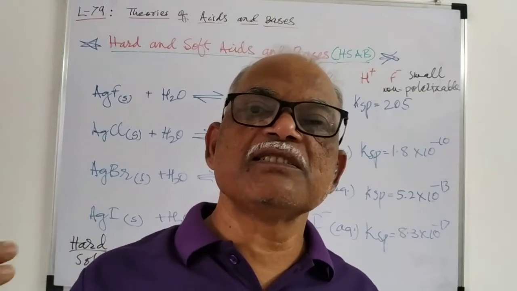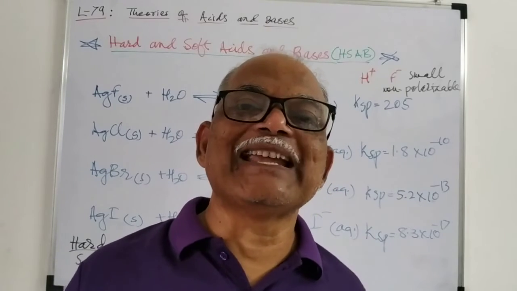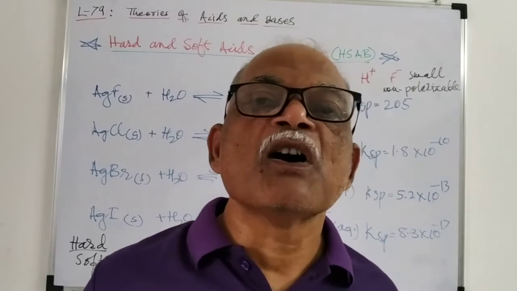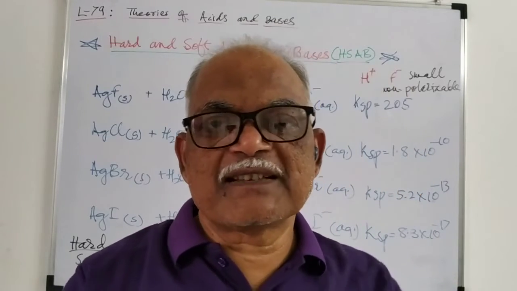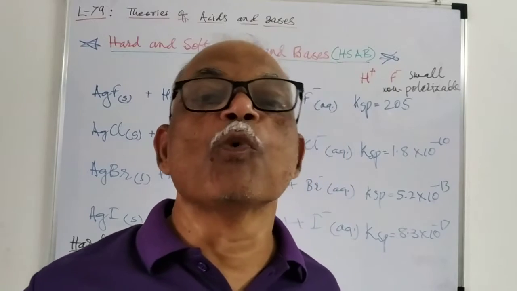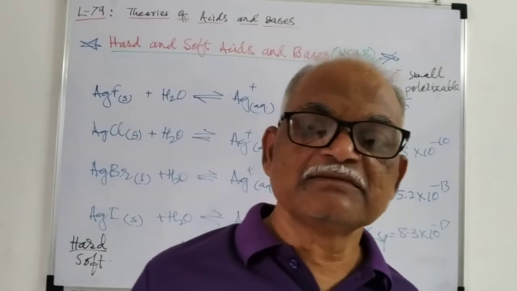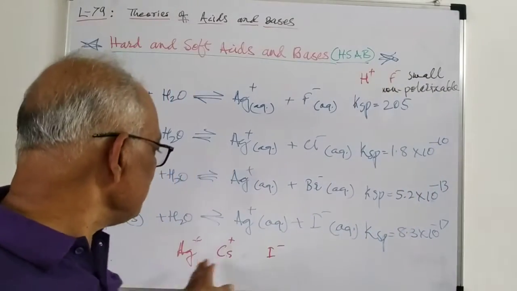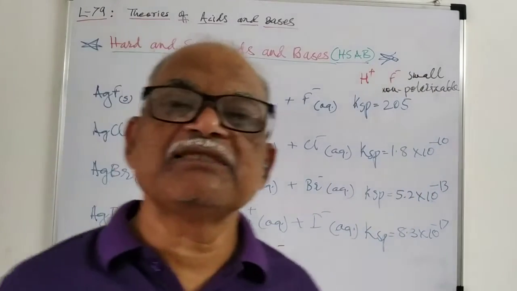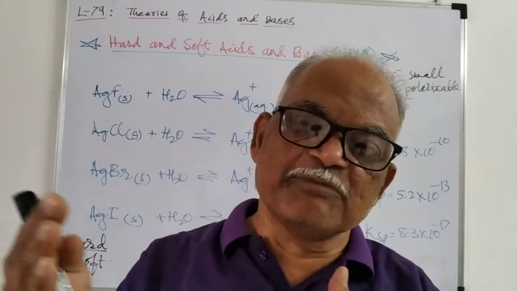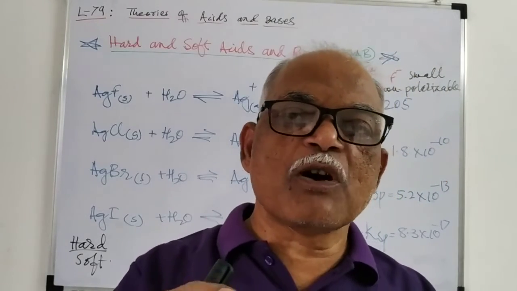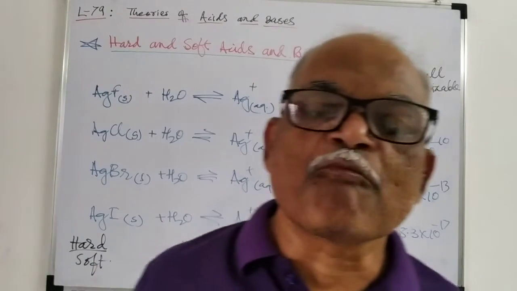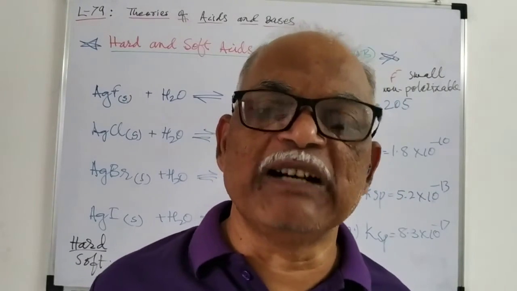The valence shells are not completed. There is either a vacancy of some electrons or some electrons more than the inert gas configuration, and that is why these species can show deformation. The electron cloud of I minus, cesium or Ag plus may be polarizable.